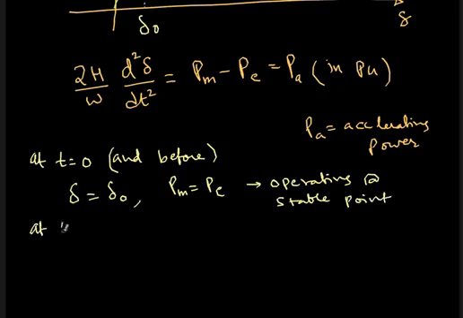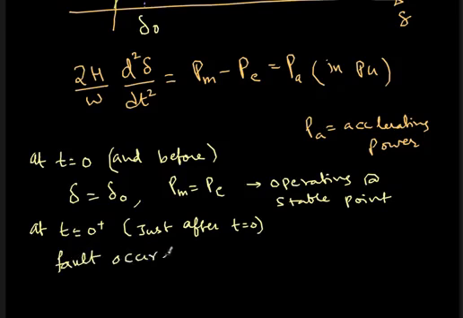Now at t equal to 0 plus, that means just after t equal to 0, that is where we are saying the fault occurs. Fault occurs on the generator bus. So that is a three-phase bolted fault, symmetrical.